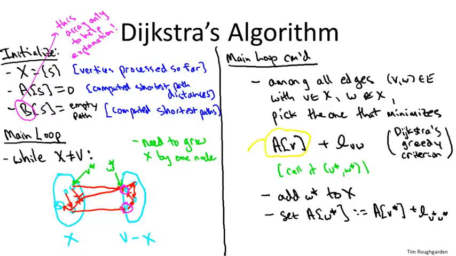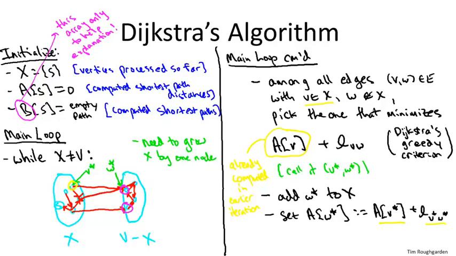Now, a key point is to realize that this code does make sense, by which I mean, if you think about this quantity A[V], this has been previously computed. That's because an invariant of this algorithm is we've always computed shortest path distances to everything that's in capital X. And of course the same thing holds when we need to assign W star its shortest path distance, because V star was a member of capital X. We had already computed its shortest path distance, so we can just look up the V star entry in the array A. So over in our picture on our left, we would just say, well, what did we compute the shortest path distance to V star previously?